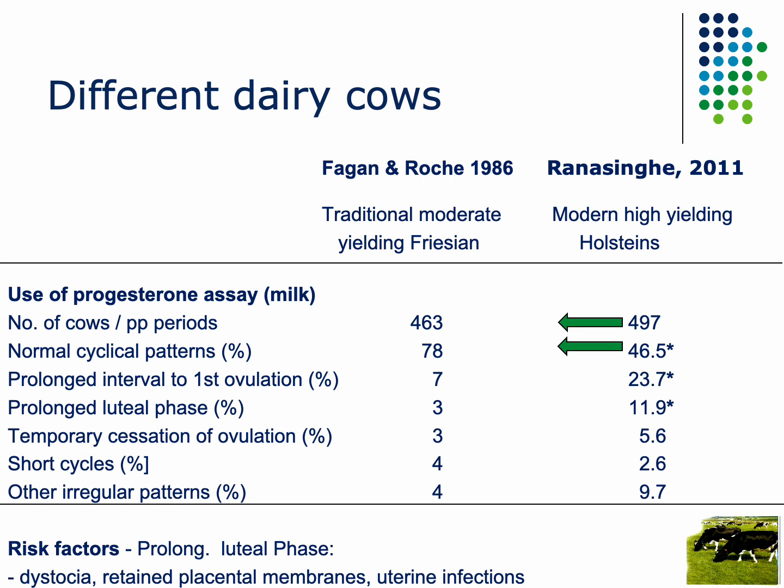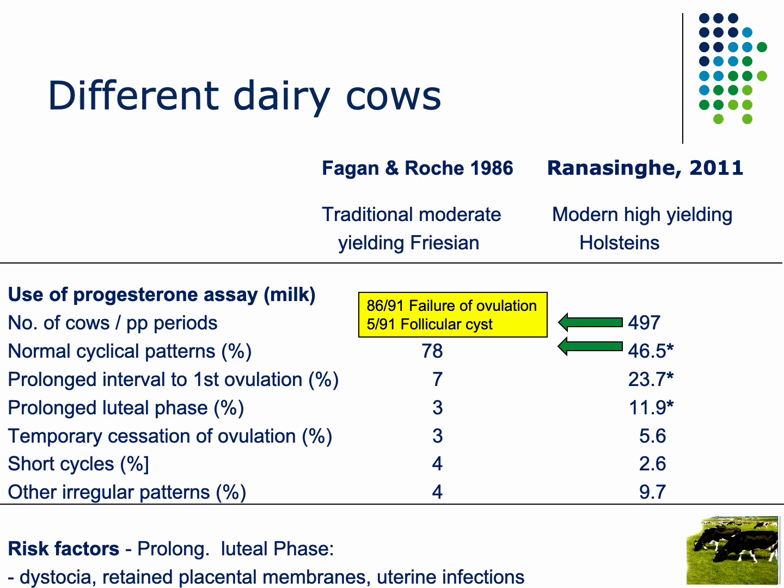Basically, as you can see, 78% of the traditional type of cows will have normal cyclical patterns postpartum. The more North American high-yielding Holstein will have less than 50% of these, and therefore also have a prolonged interval to first ovulation and an increased prolonged luteal phase.